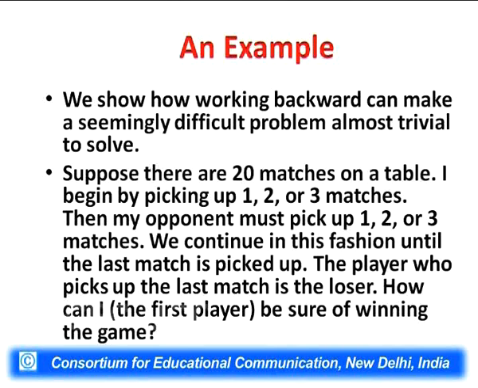We continue in this fashion until the last match is picked up. The player who picks up the last match is the loser. How can I, the first player, be sure of winning the game? Winning the game means the first player should not be the last person to pick up the match. So, how to do it?